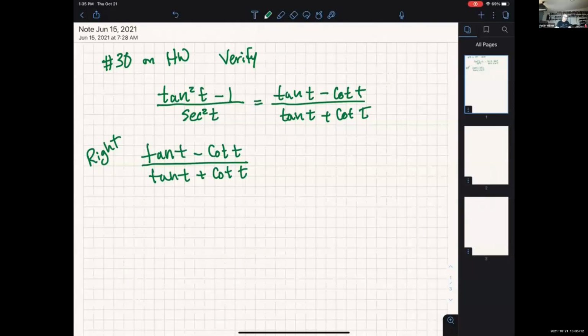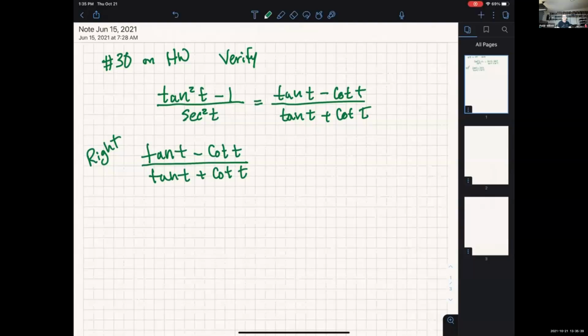All right, so what can we do with this? Well, we have some choices based on the hints. We could, for example, try rewriting this in terms of sines and cosines and try to simplify it that way. That's a possibility. We could try on the top where we have tan t minus cotan t, we could try multiplying by the conjugate of that to get things that were squared instead.